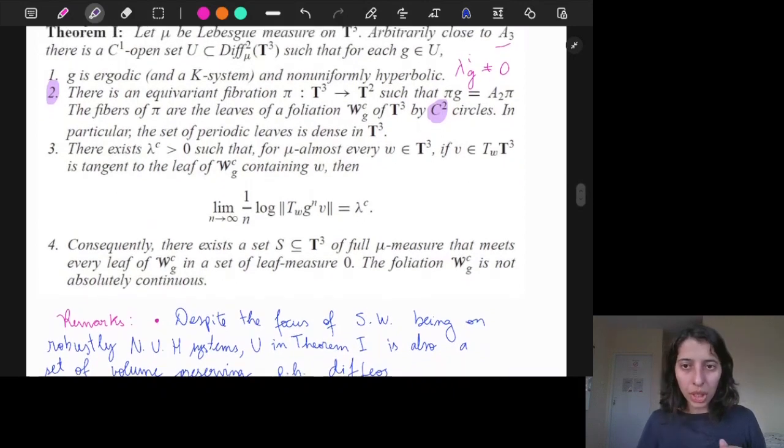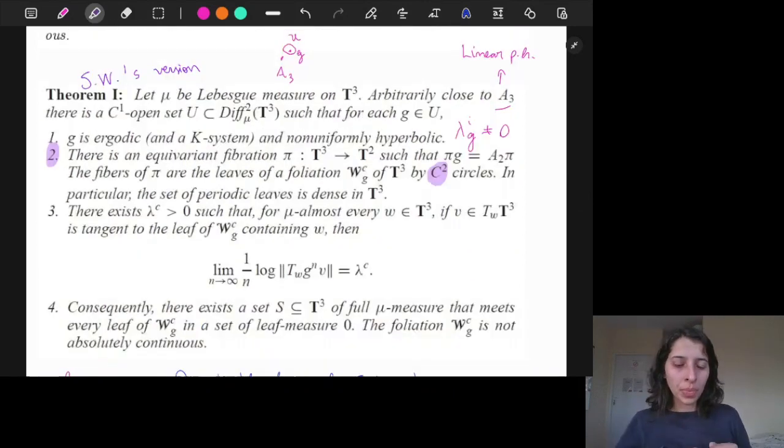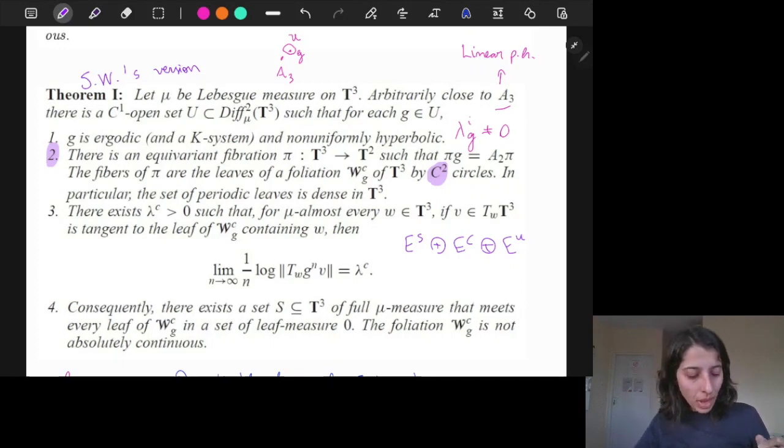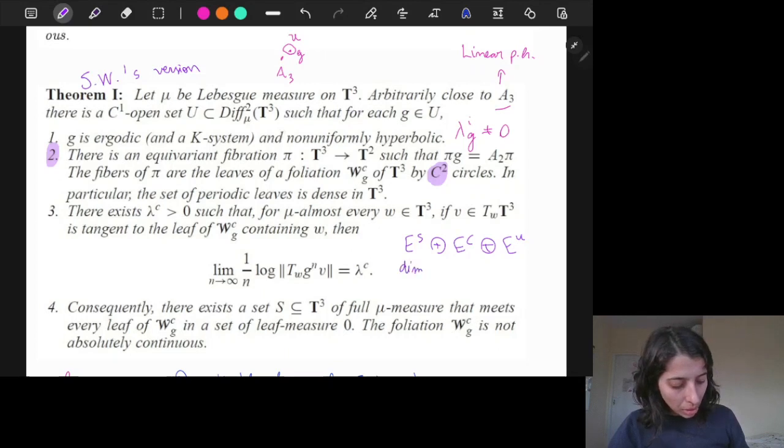The third condition says that the directions that we use to define the partial hyperbolicity are ES, EC, and EU. In our case, the three of them are not trivial, and we are in dimension 3, so each of them has dimension 1.